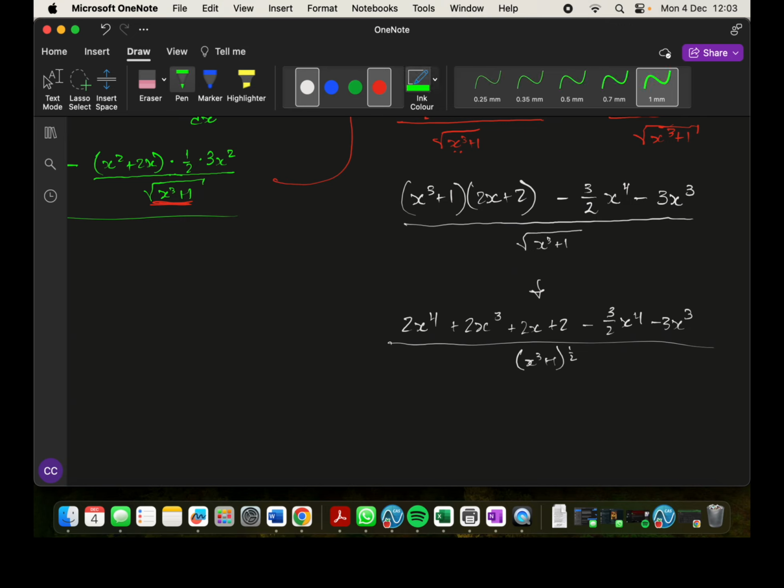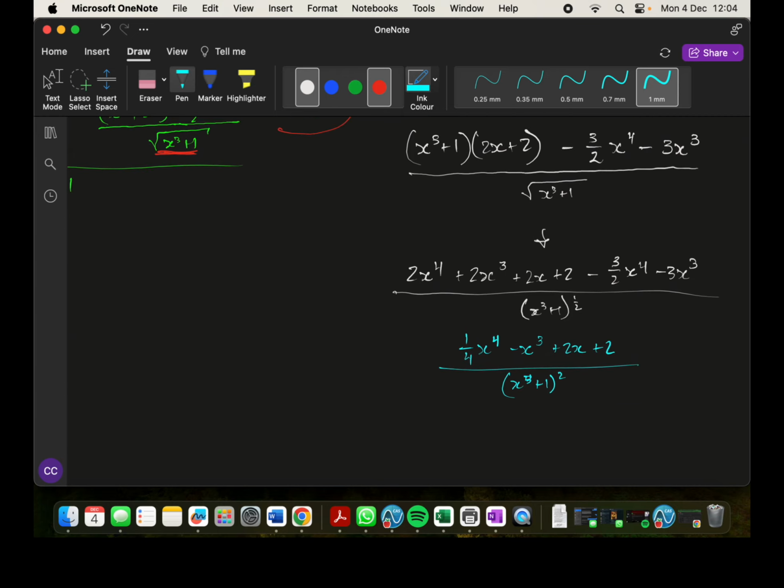All right, so let's see what we can cancel. So that'd be 1/4 x to the fourth minus x cubed plus 2x plus 2 all over x cubed plus 1 to the 1/2. So that's my new numerator.